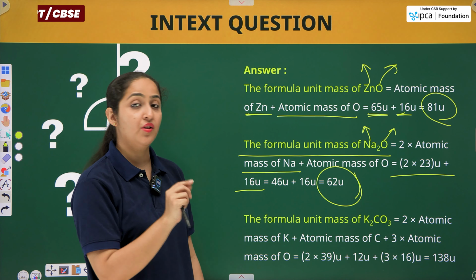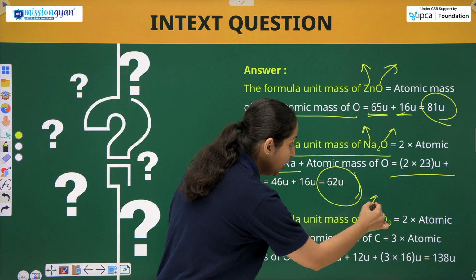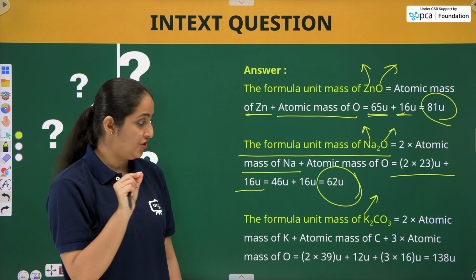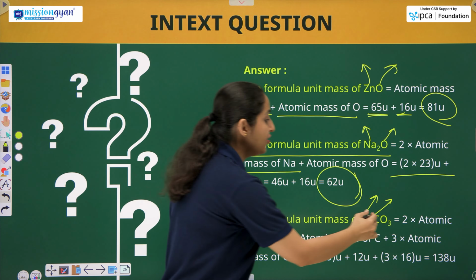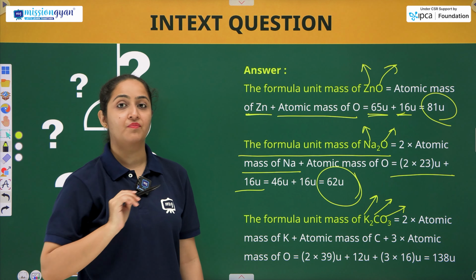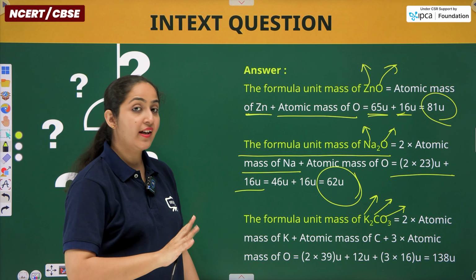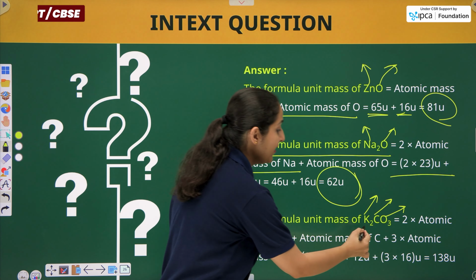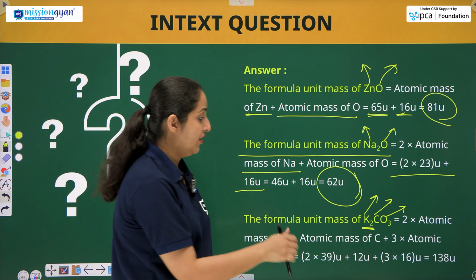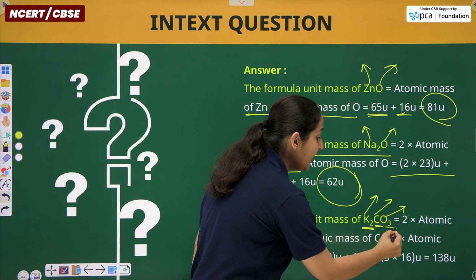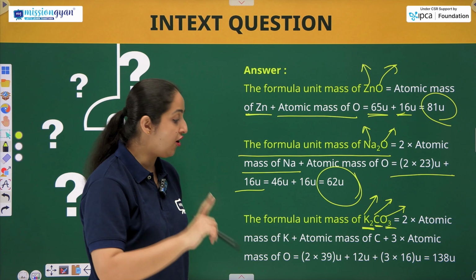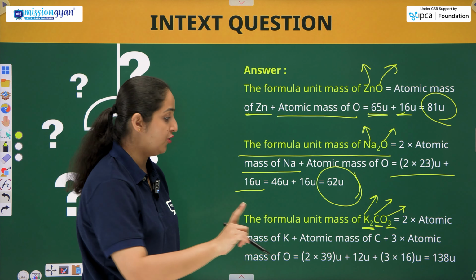Now the formula unit mass of potassium carbonate, K2CO3. Now 2 atoms of potassium, 1 atom of carbon and 3 atoms of oxygen. Got it, students? So here again 2 multiplied by the atomic mass for potassium plus the atomic mass for carbon plus 3 into the atomic mass of oxygen. So you just need to put the values.